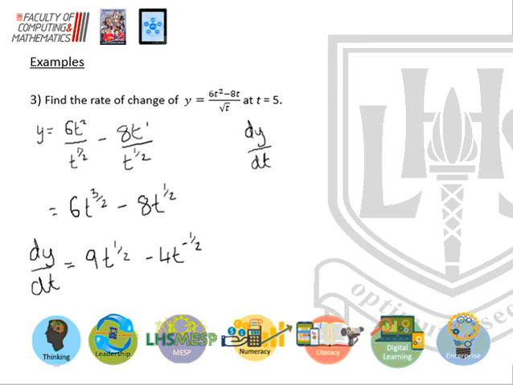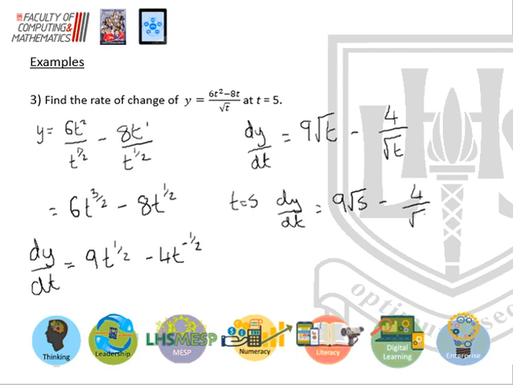So dy by dt is equal to 9 root t, take away 4 over root t. Okay, so when t is 5, that means dy by dt is going to be 9 root 5, take away 4 over root 5.